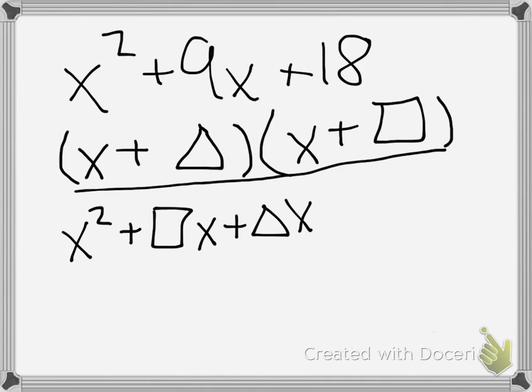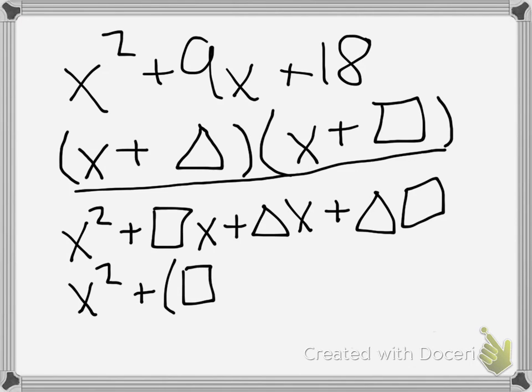And my last terms, triangle times square, plus triangle square. Now I'm going to write that a little bit differently by undoing my distribution. That's x squared plus square plus triangle times x plus triangle square.